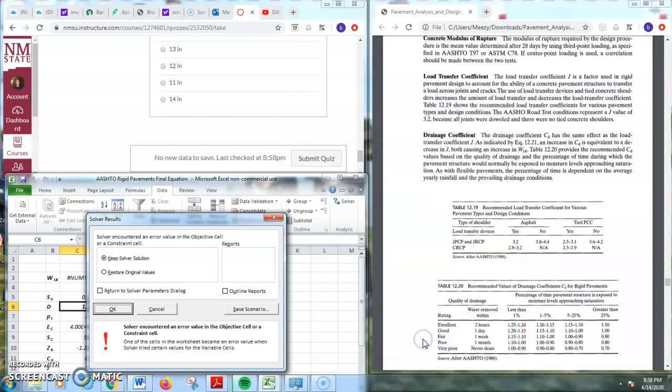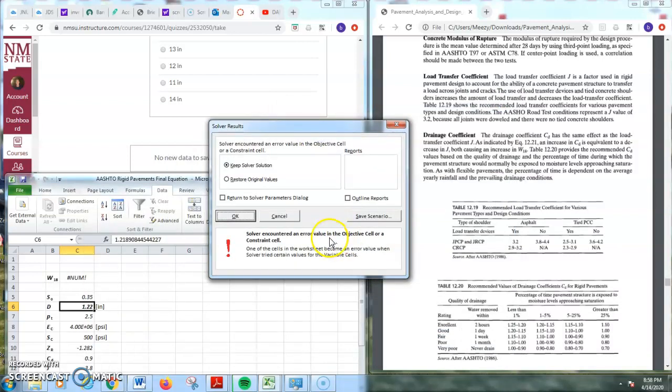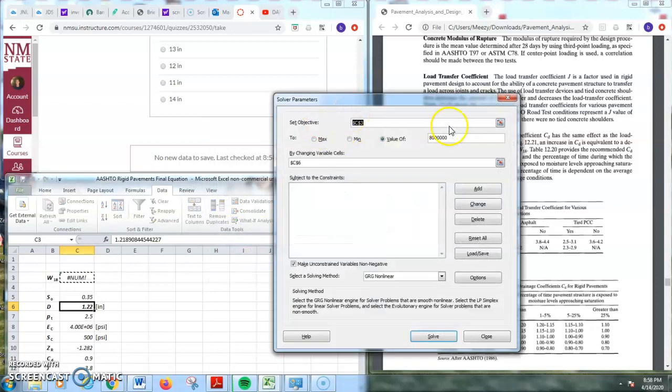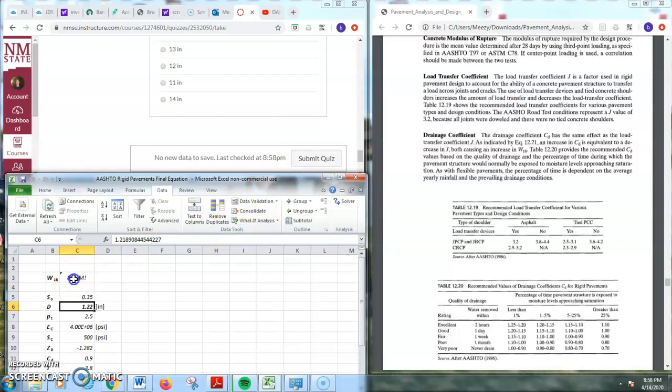Why is this? Solver encountered an error in the value of the objective cell or constraint cell. So the objective cell, there's an error in here. Not sure why there's an error.